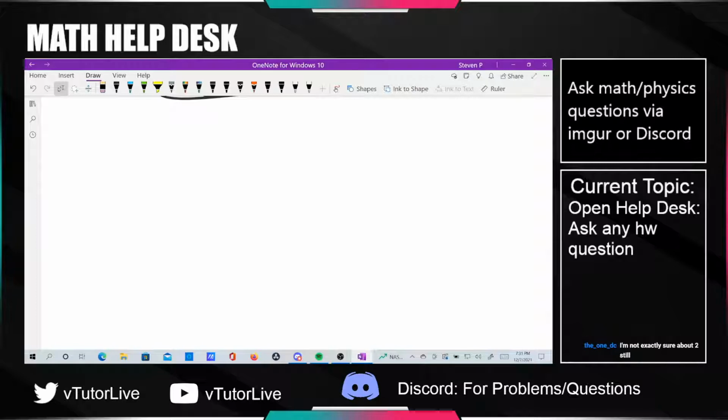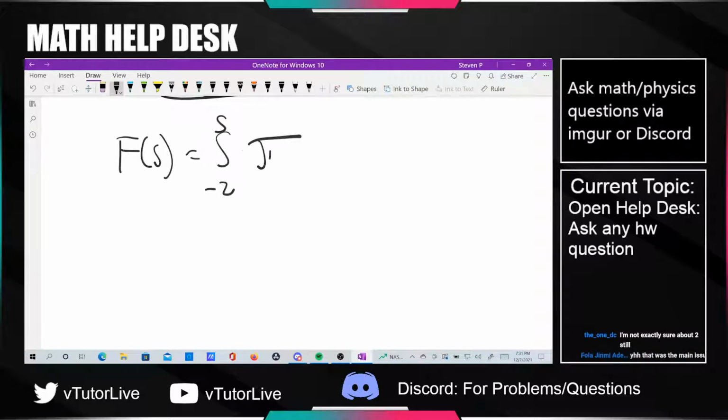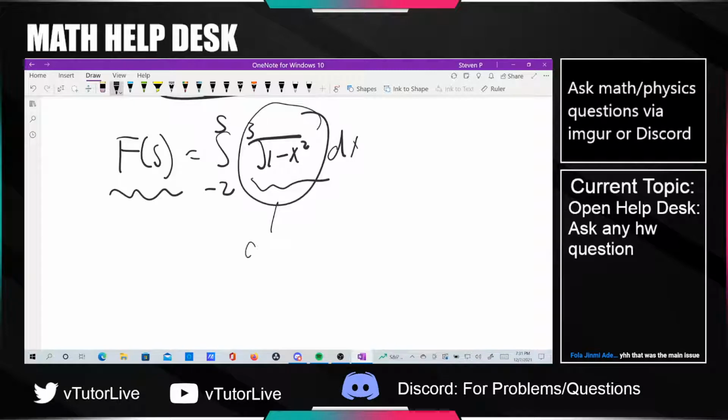Keep going. All right. So for the next one, if f of s looks like something like the integral from -2 to s of the cube root of 1 minus x squared dx. The idea here is if this is the main function, and this is the integrand, right? The integrand is basically the derivative of f of s.